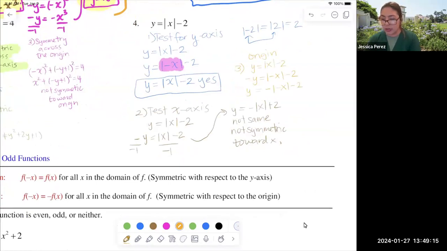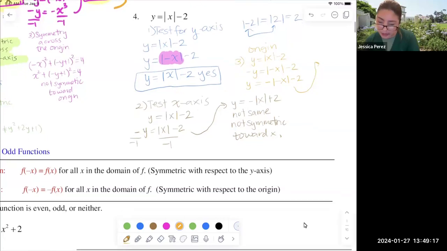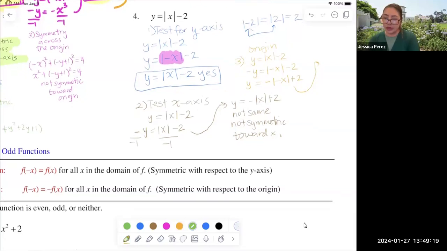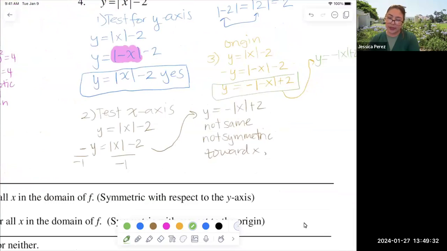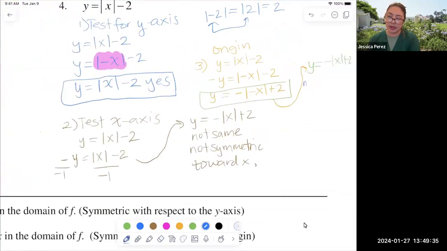But we know, sorry, this should be a plus. But we know that this is not the same as the other equation because this is y equals negative the absolute value of x plus 2, which is not what we want. Okay, so then this is not symmetric towards the origin.